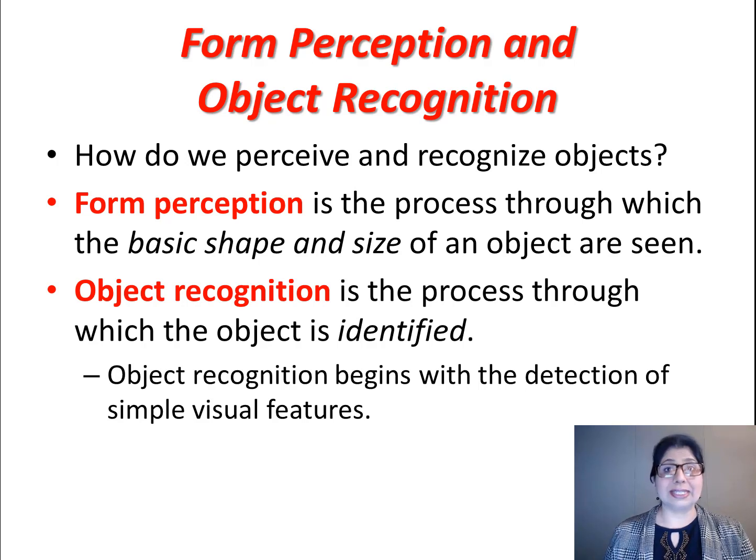Object recognition is the step in which this identification takes place. It does begin with the detection of simple visual features and the identification of form, but then we need to be able to match it to some prior experience, some prior representation in the brain, for example, and that is a second level of processing for the stimulus.